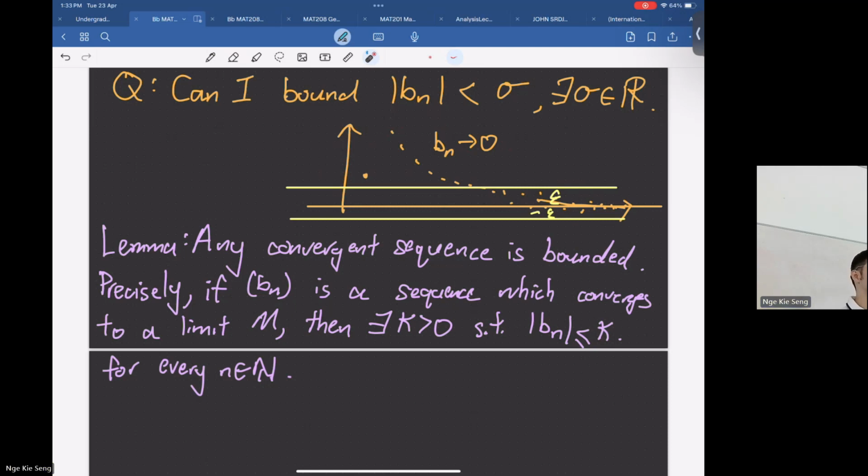If you say there are still infinitely many away from this limit, then your sequence is not converging. Contradiction.